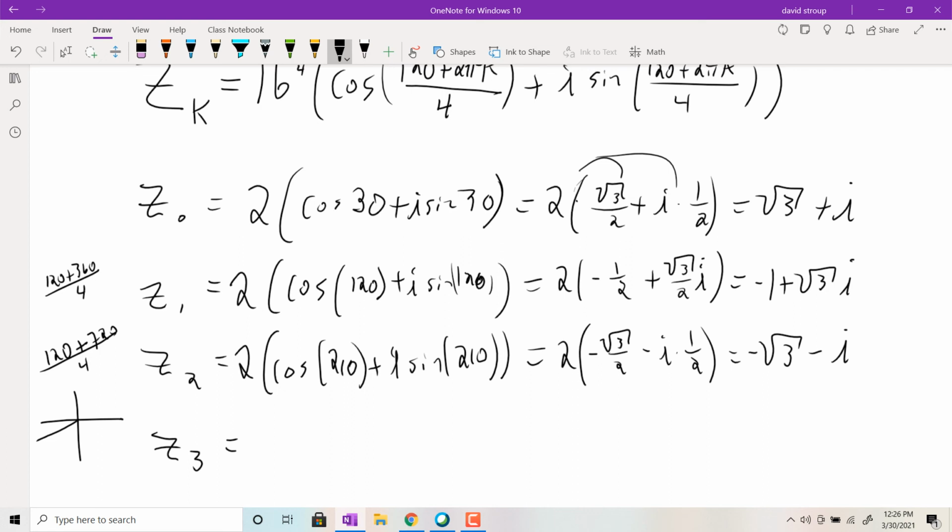And then the last one. So 2 times cosine, in this case it will be 120 plus, what do we have, 360 times 3, 1080, over 4.